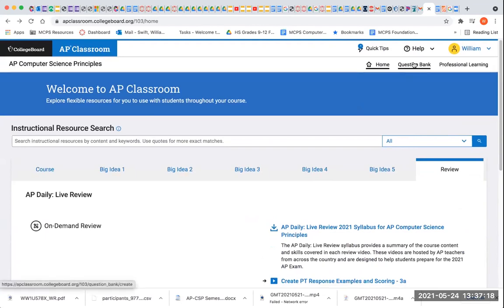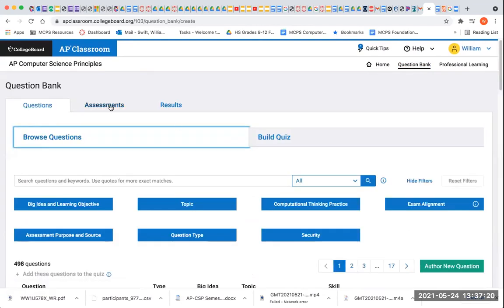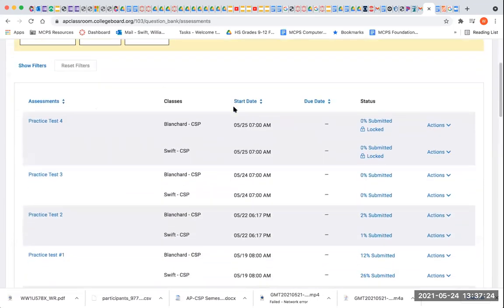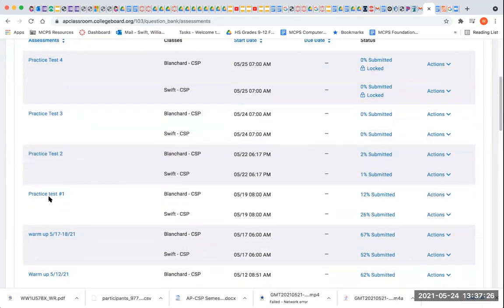When I go to the question bank in AP Classroom, this is where we got in trouble last time. We saw that there was a practice test 1. That was not what we were supposed to be working on. But all of you in my class have a list of answers now to practice test 1. Those were not the answers to the Canvas quiz.